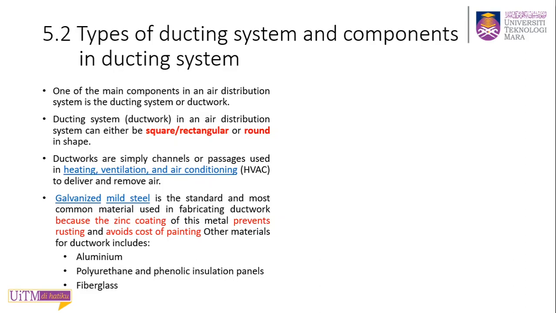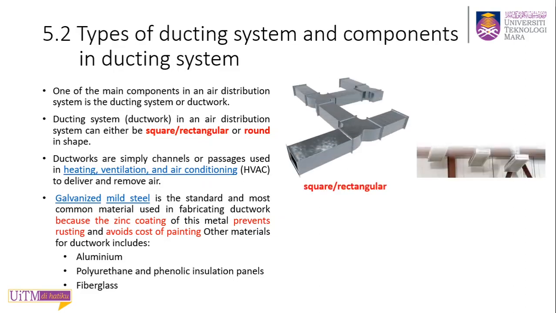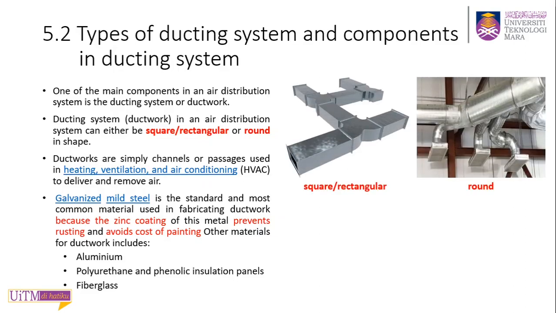Now, one of the main components for an air distribution system is the ducting system or ductwork. Ducting system or ductwork in an air distribution system can either be square or rectangular or even round in shape. Ductworks are simply channels or passages used in heating, ventilation, and air conditioning to deliver or remove air.